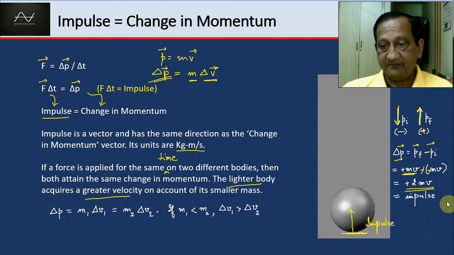Let's take a small question from NCERT. A batsman hits back a ball straight towards the bowler without changing its speed. If the mass of the ball is so much, what is the impulse? We just calculated. If you return with the same speed, then the change in momentum is 2mv. Magnitude is 2mv. Ball was coming and the batsman put his bat and pushed it straight towards the bowler. The speed is the same, but the direction reversed.